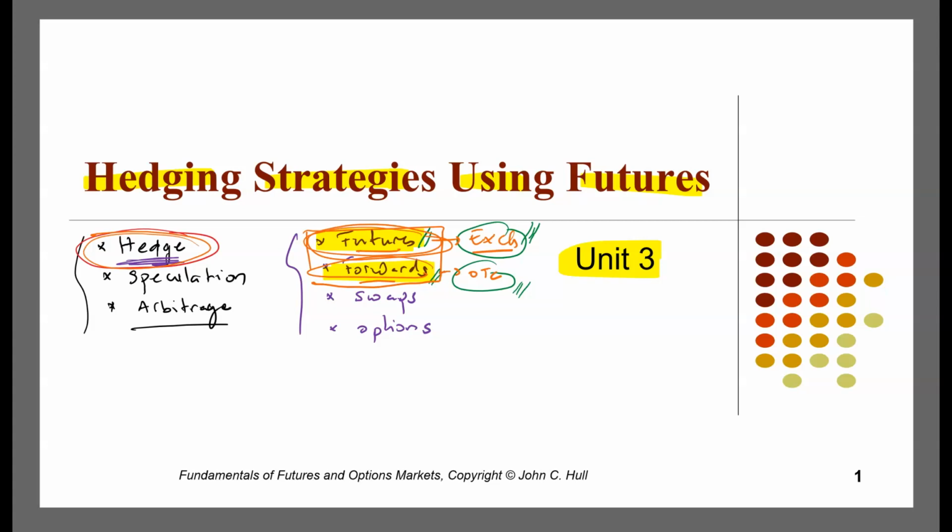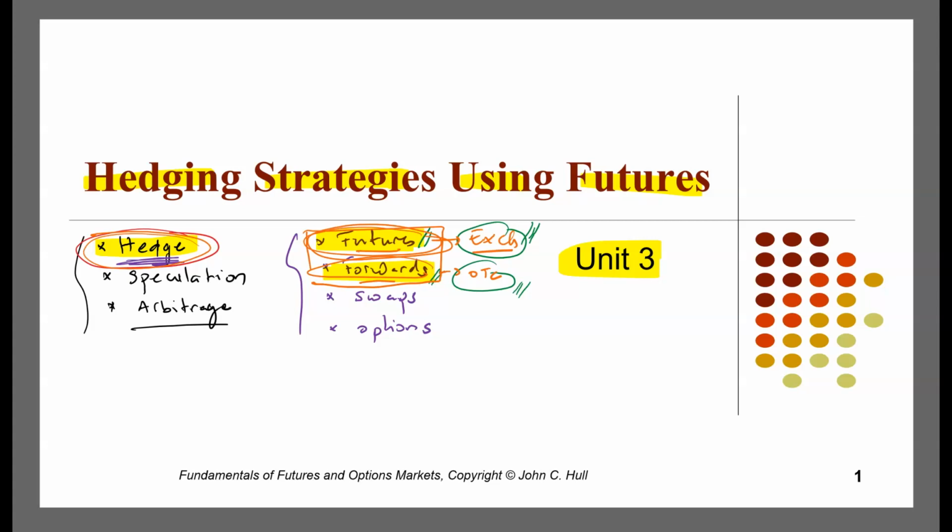So we're going to start the discussion with why would we decide to hedge, right? Why would we even think about hedging? And hedging is a process that allows us to minimize risk or even eliminate risk altogether if we could.